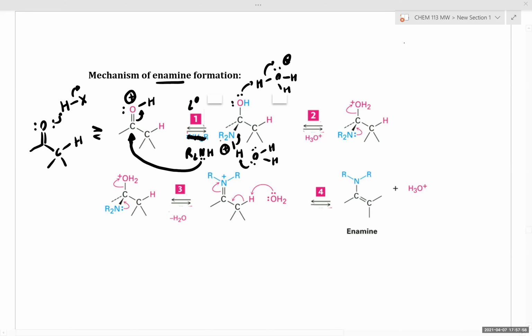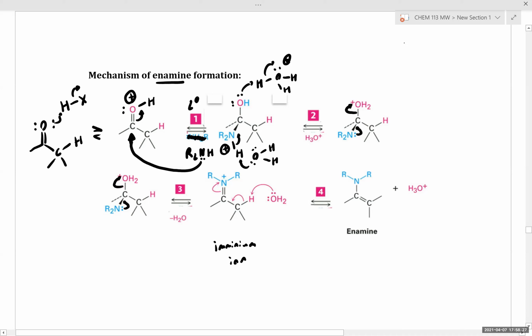Yes, secondary amines will form an enamine. Now that we've freed up this lone pair, we can kick down our lone pair and lose water. And that in turn generates our iminium ion.